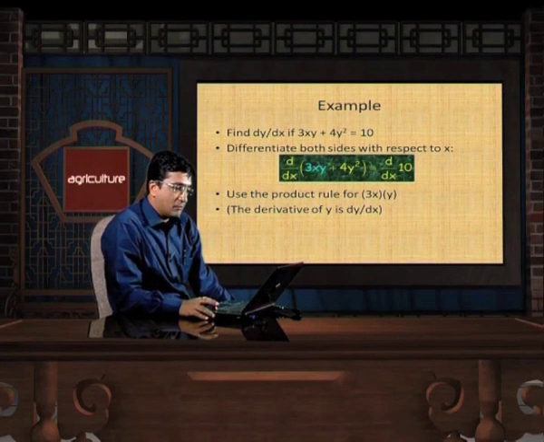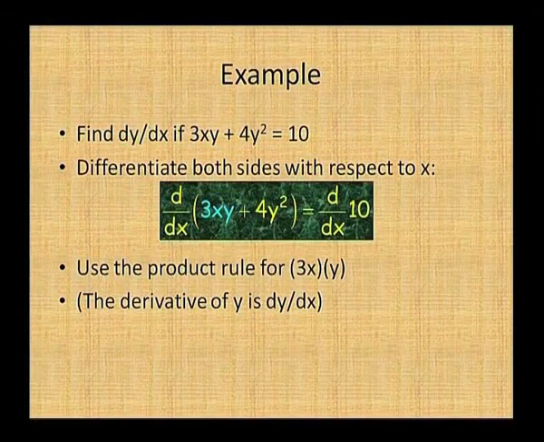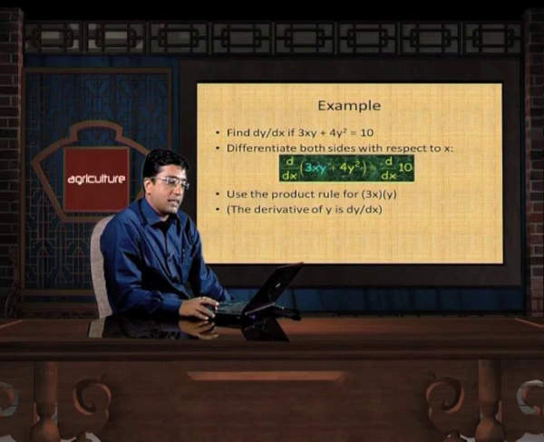We take an example: if 3xy plus 4y square equals 10, first we differentiate 3xy, then 4y square, then 10. Now differentiate both sides with respect to x as the procedure of implicit differentiation. d by dx of 3xy plus 4y square is equal to d by dx of 10.